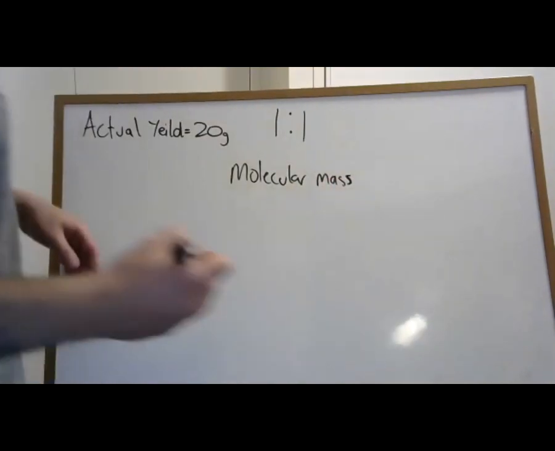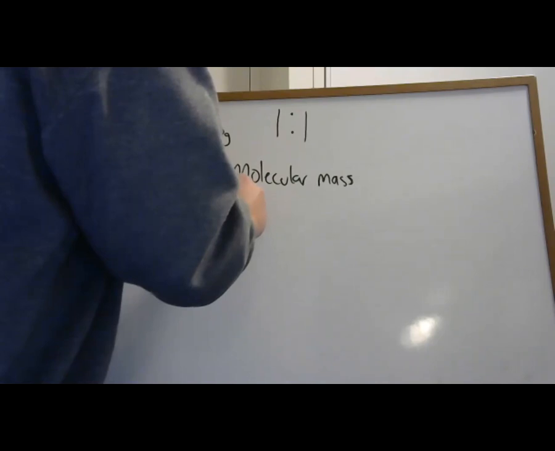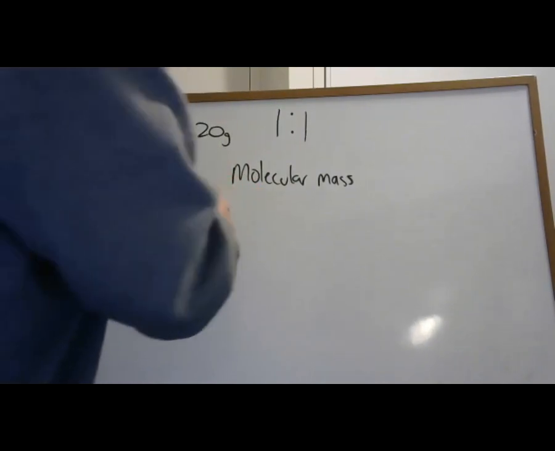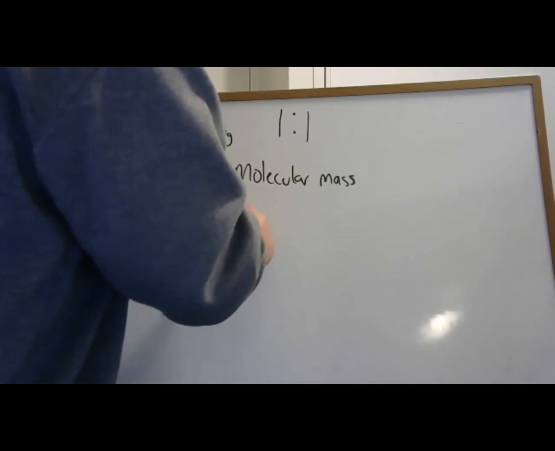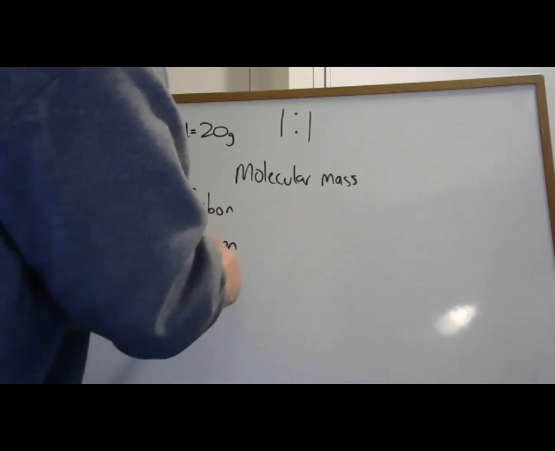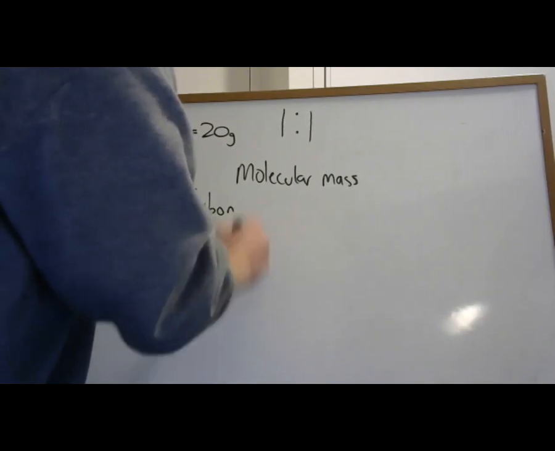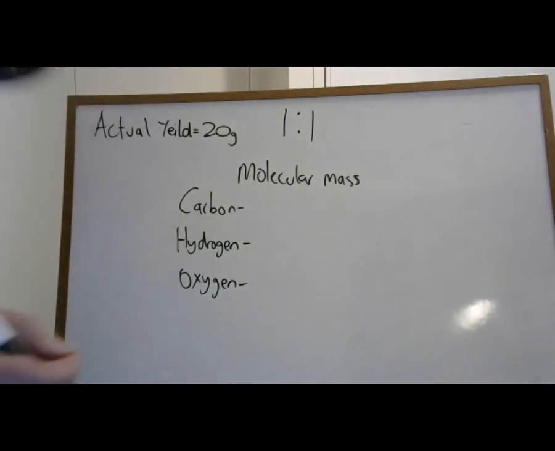So if you're working along, find the atomic mass units of carbon, hydrogen, and oxygen. That little AMU button.